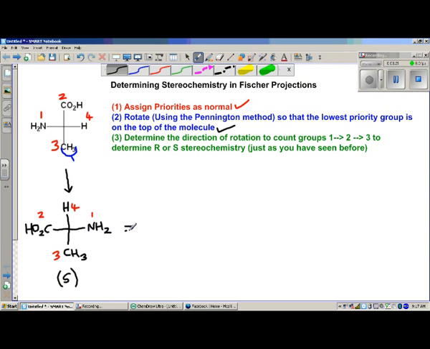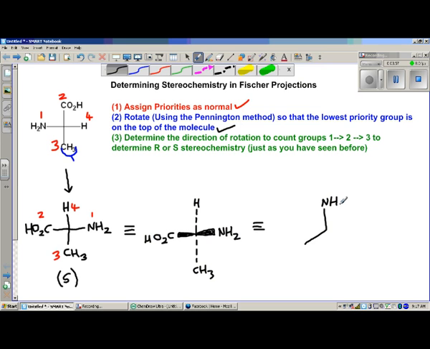Now let's just check though that that's right. Let's do what we did in the last video and convert this into the corresponding wedge and dash diagram. So here we go, CH3, here's our NH2, and here is our CO2H, which we're going to then convert using the method that we used last time.